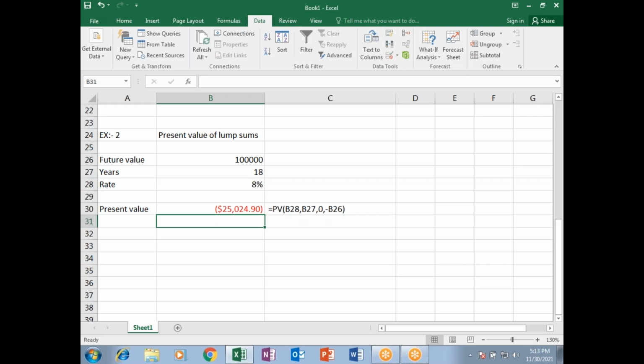Why do you want to give the minus symbol? Whenever there is a cash flow sign, when there is a cash outflow, then it is a minus. When it is a cash inflow, it is positive for you. As we are directly showing the future value and the present value, which is calculated based on the year end rates, Excel will not understand whether the value is outflow or inflow.